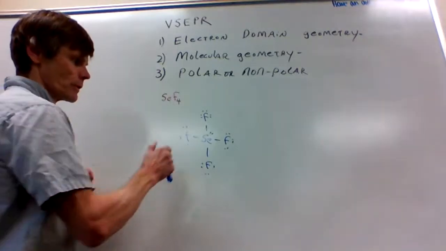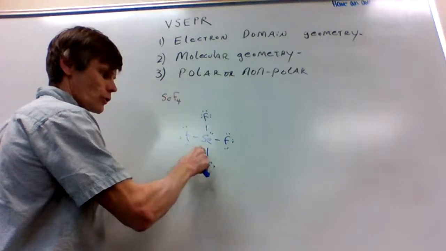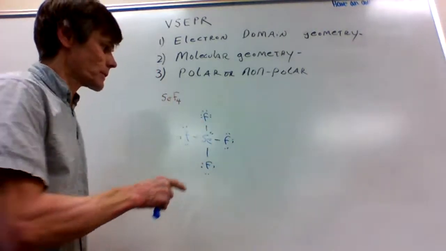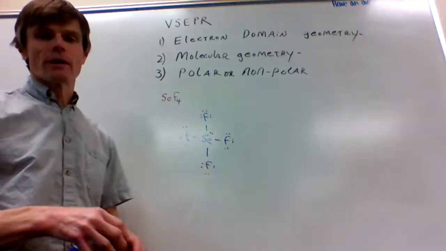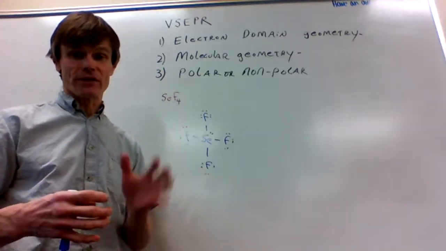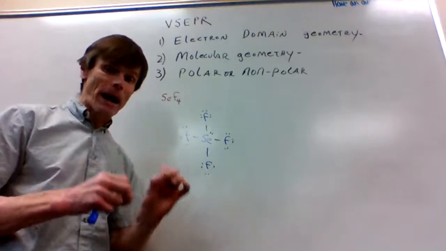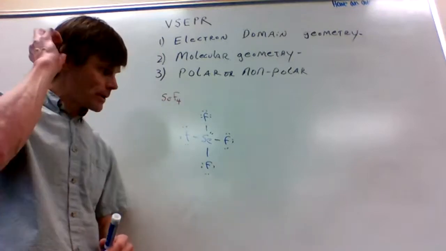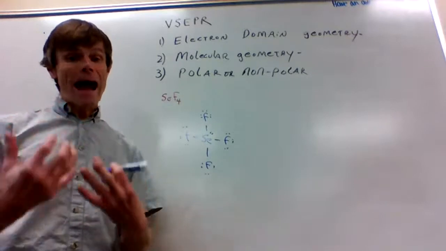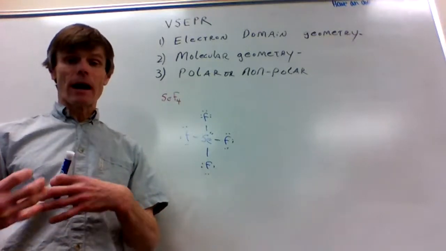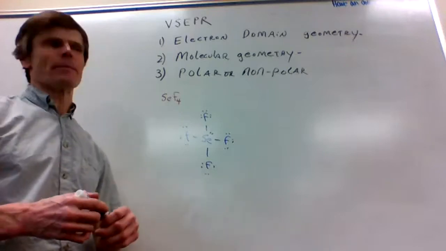So notice there's 1, 2, 3, 4. There are 4 bonding regions, and there's 1 region of lone pair of electrons. We have 5 regions of electron density about the central selenium atom. How can we maximally distribute electron density about our central selenium atom?